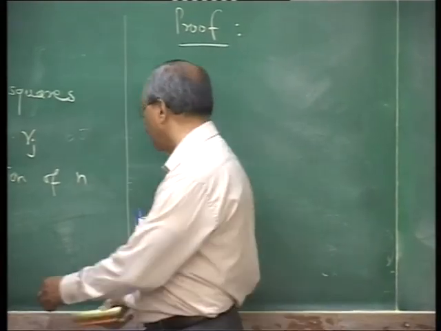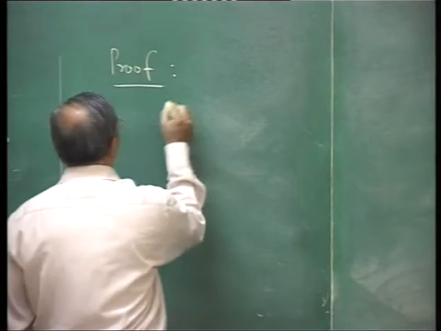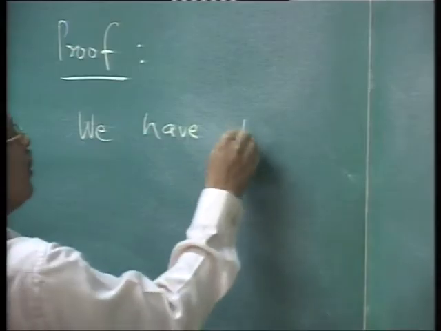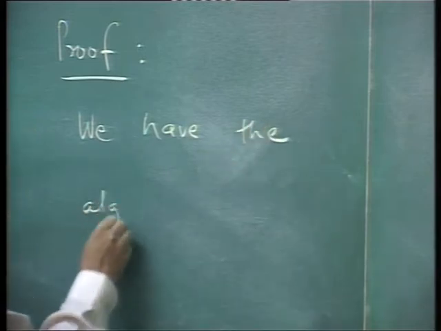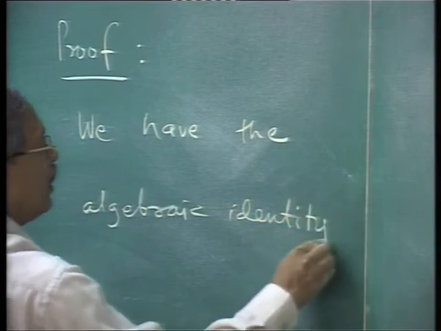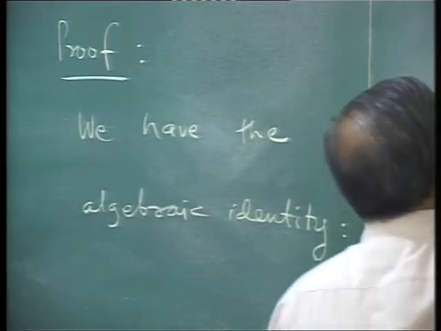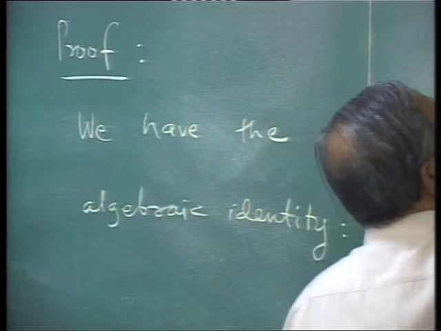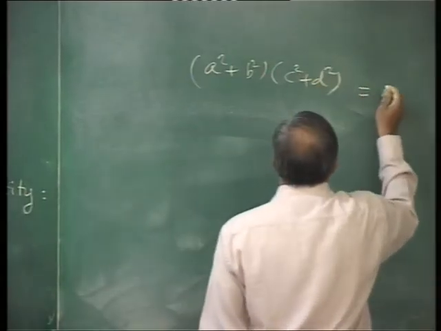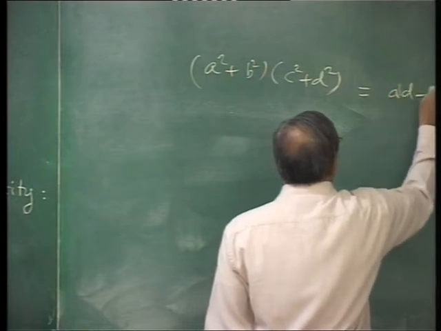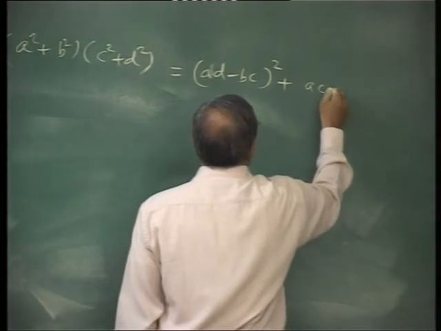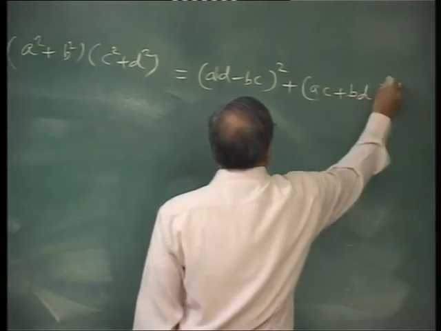So the identity is the following. (a square plus b square) multiplied by (c square plus d square) is equal to (ad minus bc) bracket square plus (ac plus bd) bracket square.